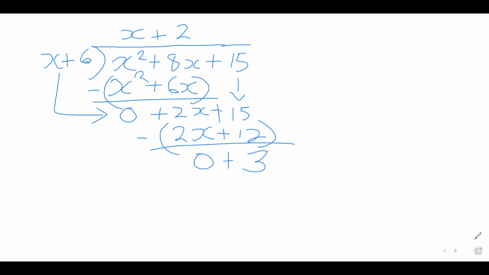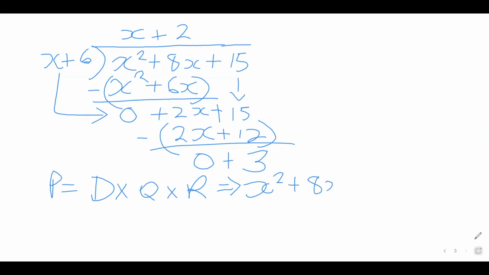Now, when we're doing this kind of question, another way to write that is P is equal to D times Q plus R, which is actually the same as x squared plus 8x plus 15.